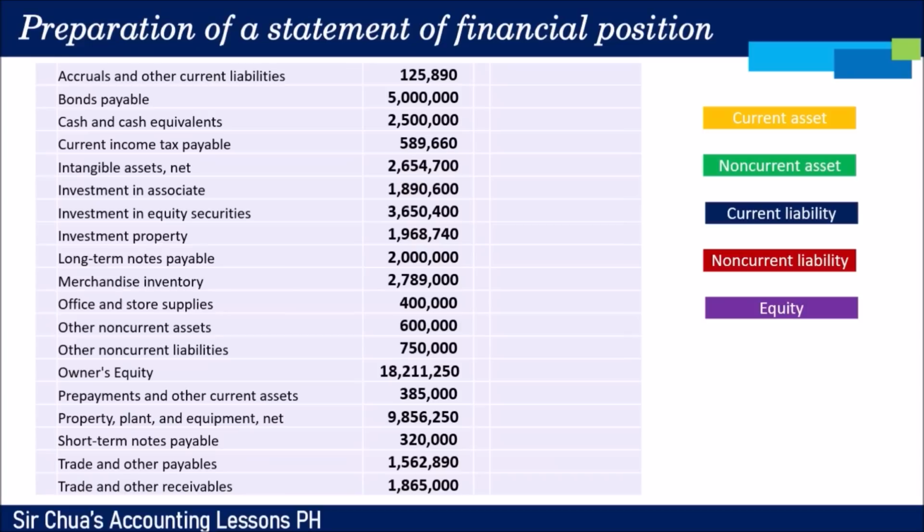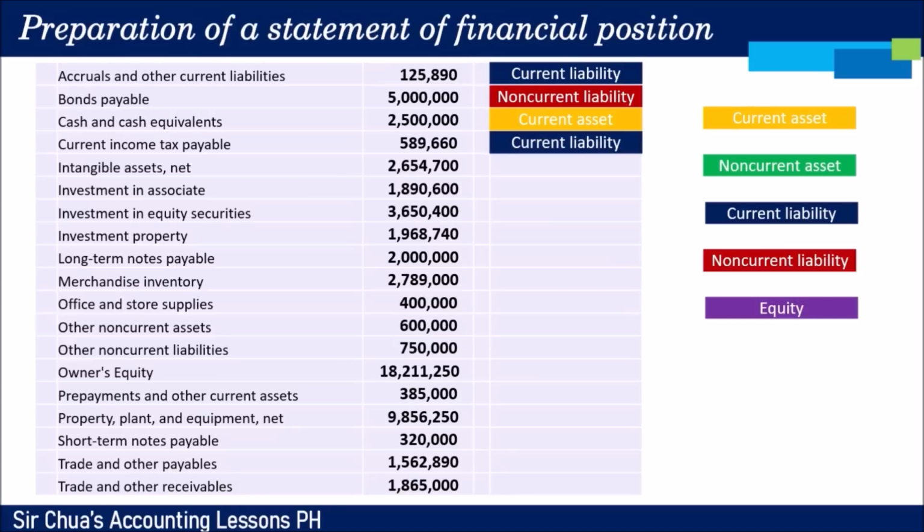Accruals and other current liabilities. So, that is a current liability. Bonds payable is a non-current liability. Cash and cash equivalents, yan po ay current asset. Current income tax payable, yan po ay current liability. Intangible assets, yan po ay non-current asset.